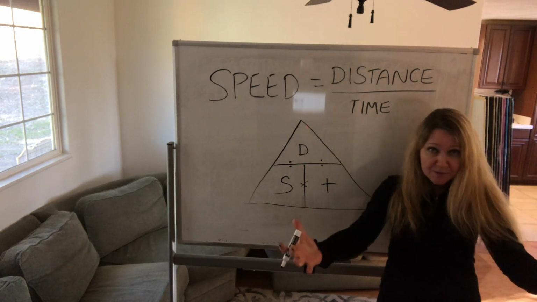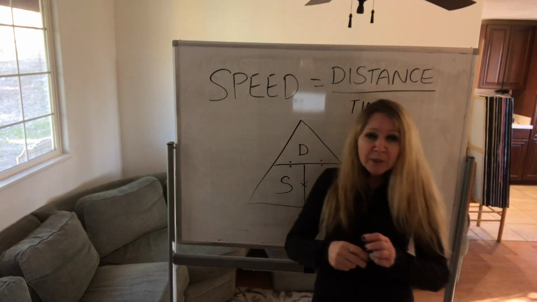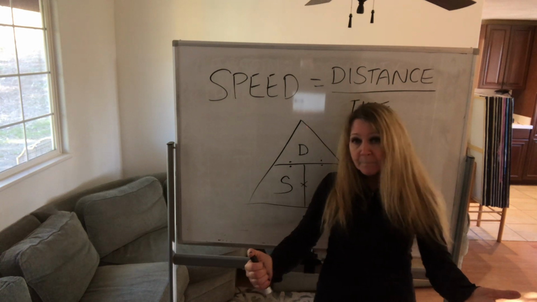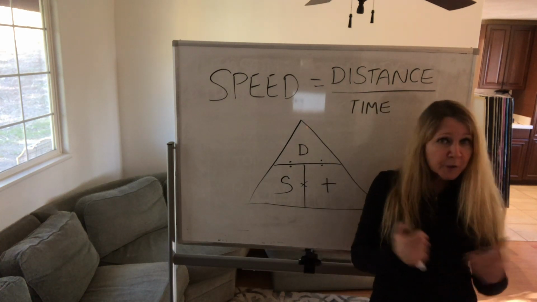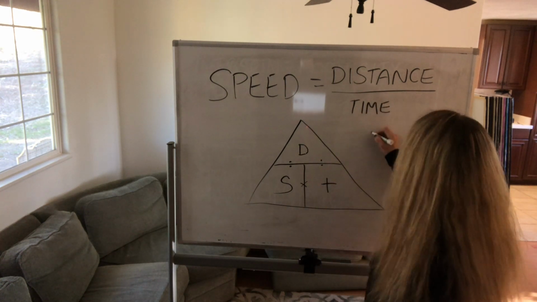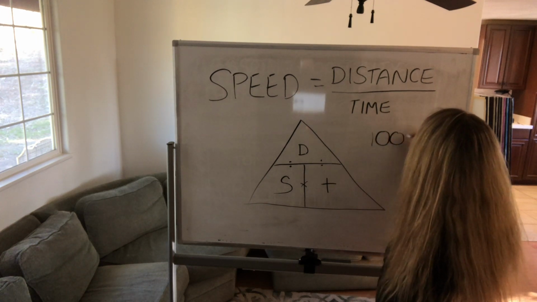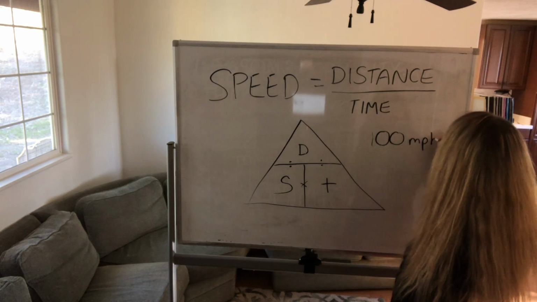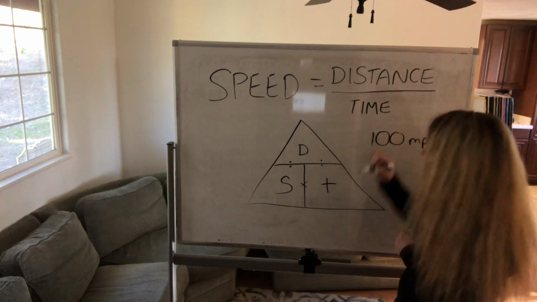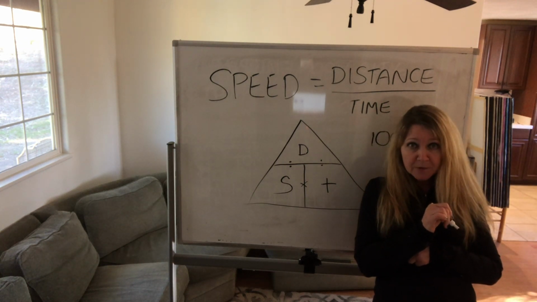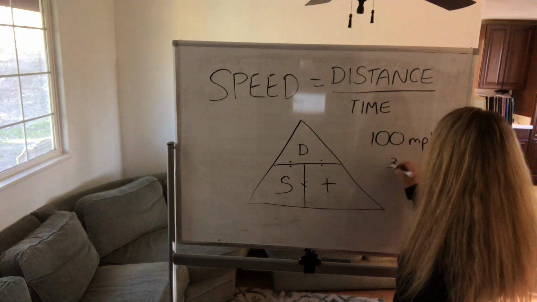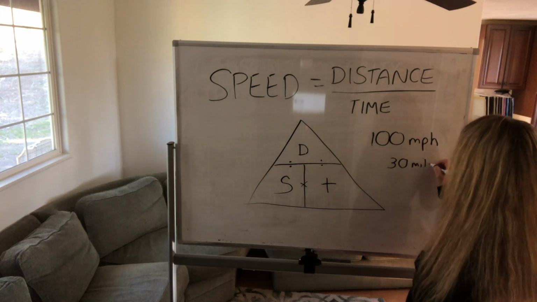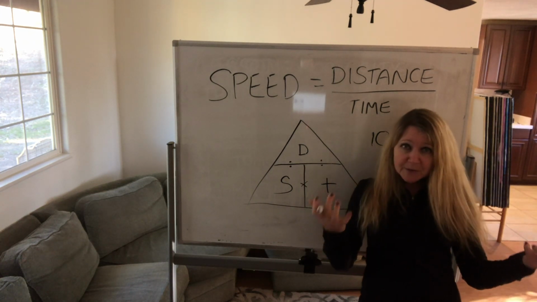So let's practice. Let's say we are driving a car, and we are going 100 miles an hour, and we have to go 30 miles. And I want to figure out how long it is going to take for me to get there.